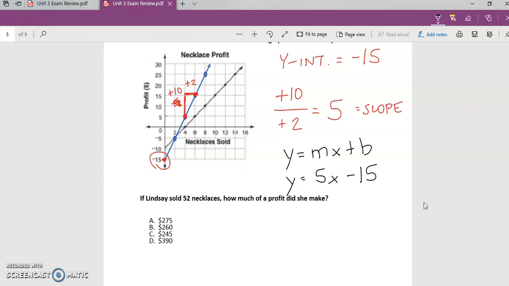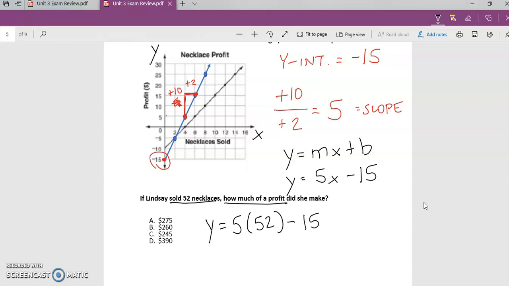It says if Lindsay sold 52 necklaces, how much of a profit did she make? So how much money is she going to make if she sells 52 necklaces? I'm going to put that into the equation right where the x goes, because necklaces sold is the x, profit is the y. So my profit depends on how many necklaces are sold, how much money I make for each of them, and then I still have to subtract the money that I owed.